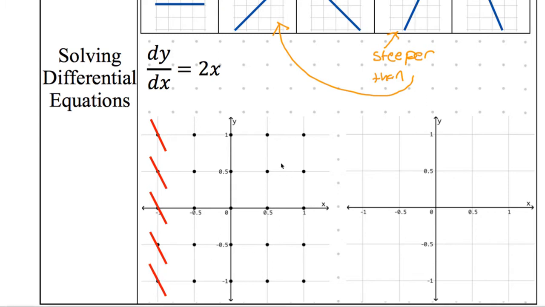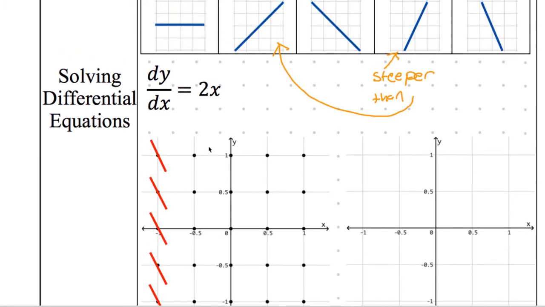All right, so now when I go over to -0.5, what is my new slope for this entire line? It's not y equals -0.5, it's x equals -0.5. What is the slope?